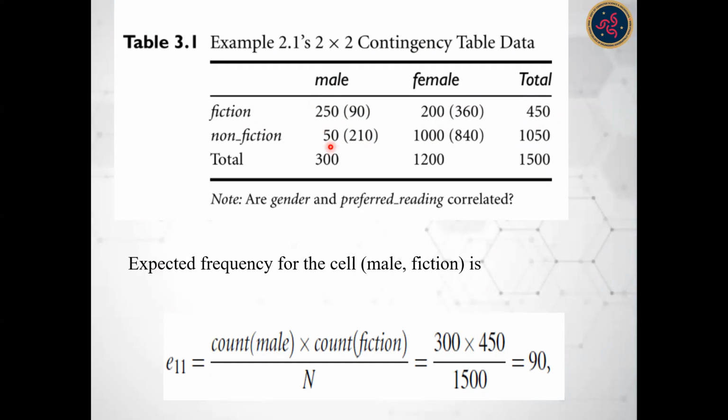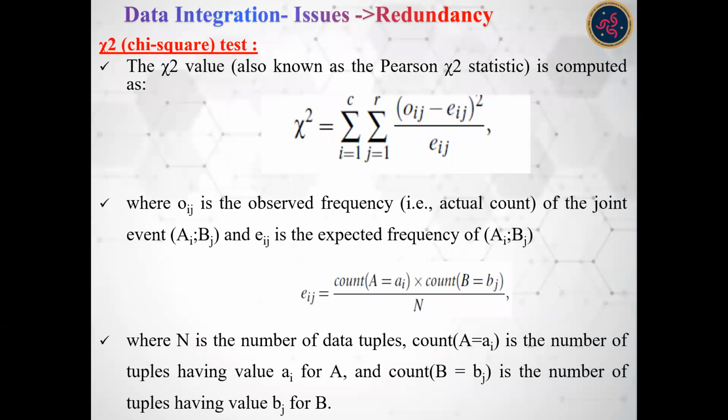For non-fiction, 50 males read non-fiction stories and 1,000 females read non-fiction. So a total of 1,050 members read non-fiction, and 450 members read fiction. So here is the contingency table of the given data, and we can now carry out the test.